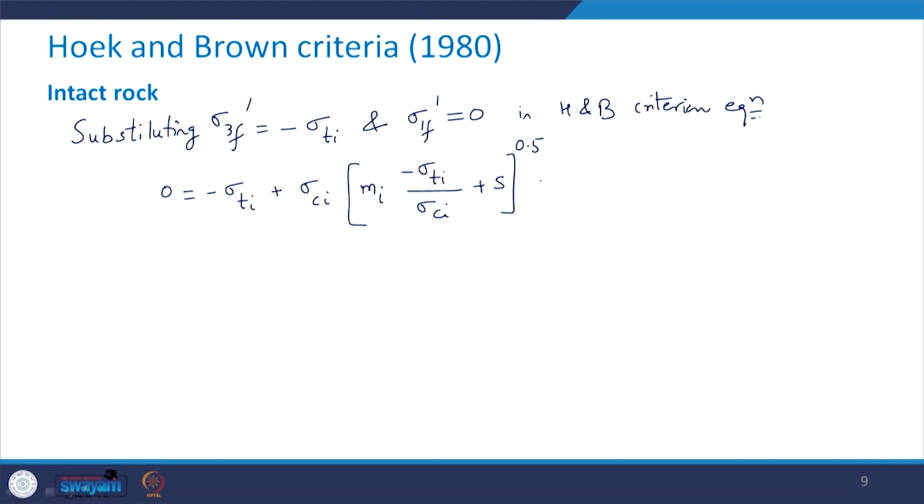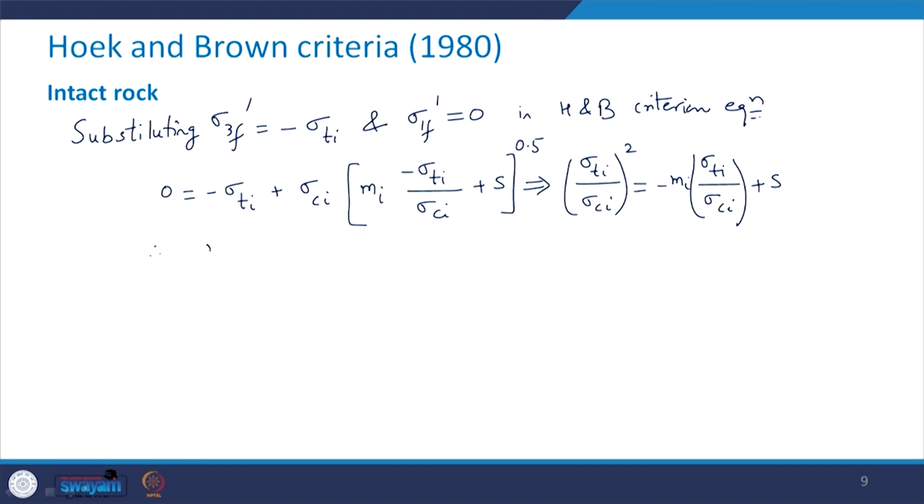This can also be written as (sigma ti divided by sigma ci) whole square equal to minus mi sigma ti upon sigma ci plus s.